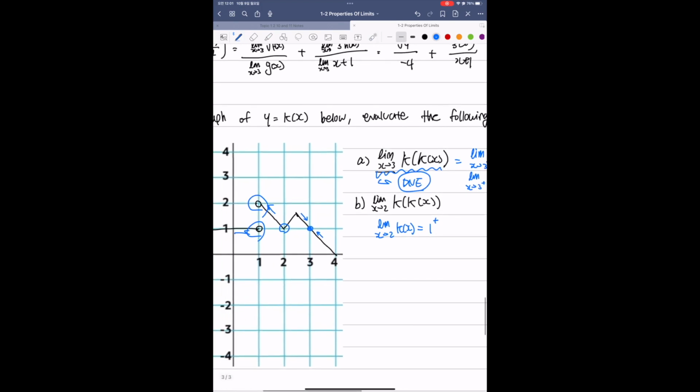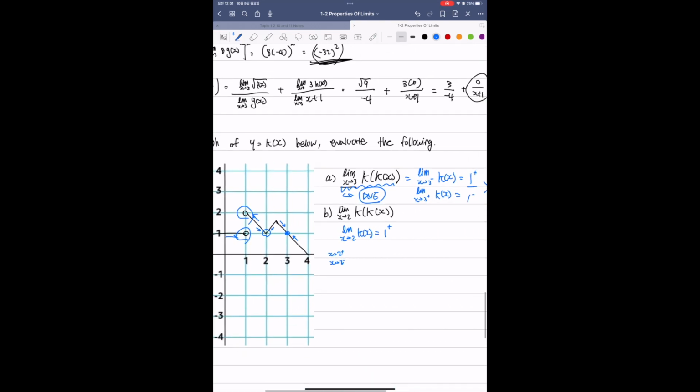We can see that in both directions, going to 2 plus and going to 2 minus, it is always above 1 according to the graph.